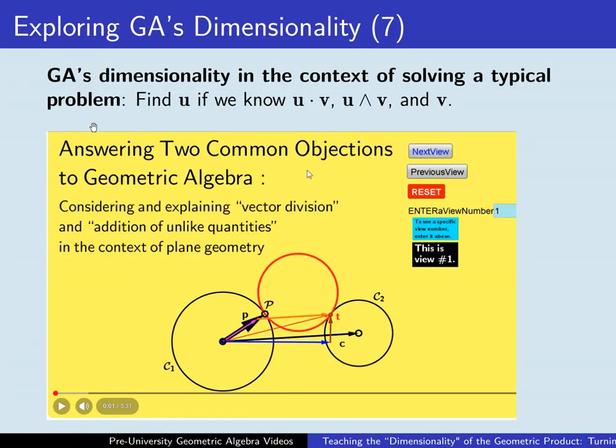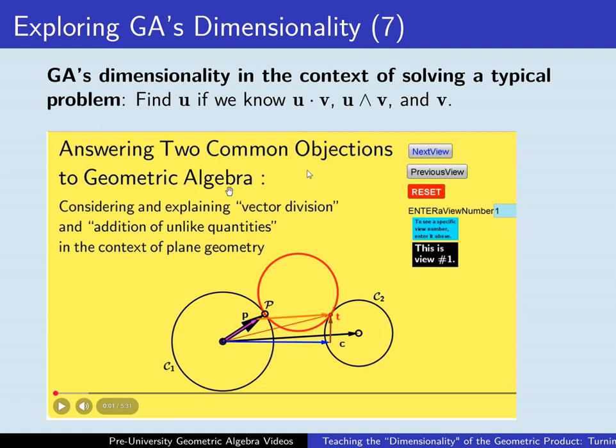And now look at geometric algebra's dimensionality in the context of solving a typical problem. The one we mentioned earlier, finding an unknown vector u if we know u dot v, u wedge v, and v itself. Now, the first thing we're going to look at is that these quantities that are written so neatly and so economically here can take on fairly unwieldy forms when we solve a real problem.